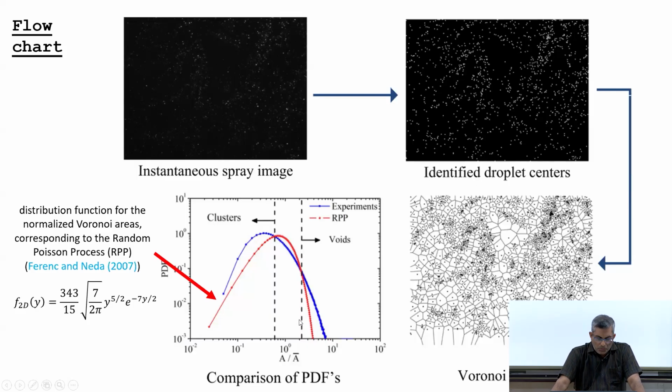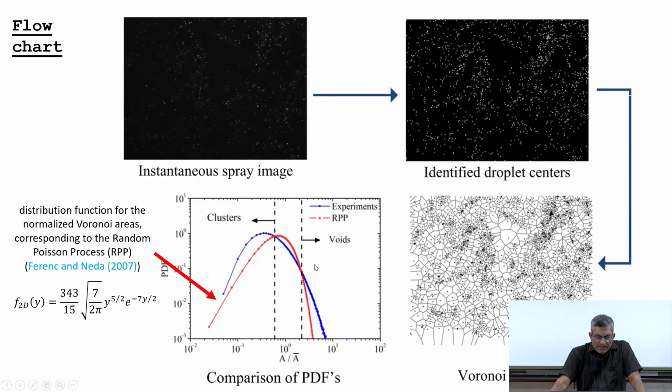Then you plot the PDF of the normalized Voronoi area. You consider the area of all the cells, make a PDF of that, and normalize it with the average area. You just average all areas.